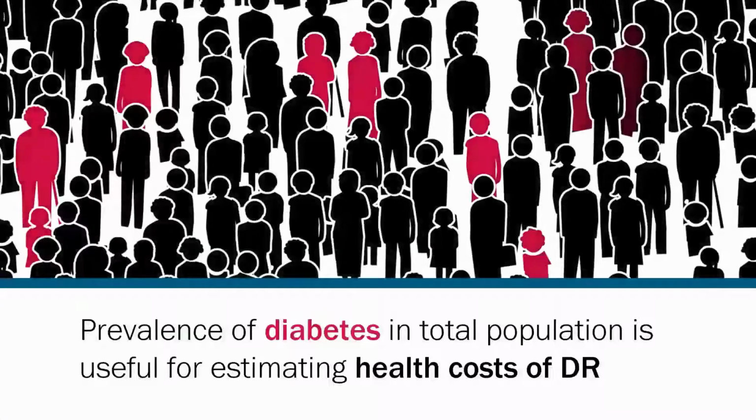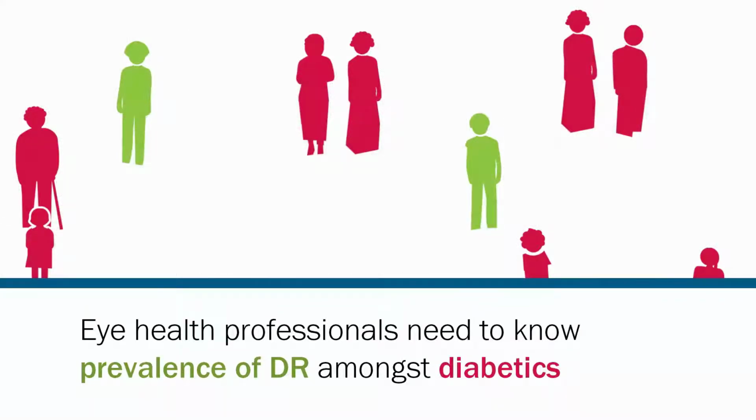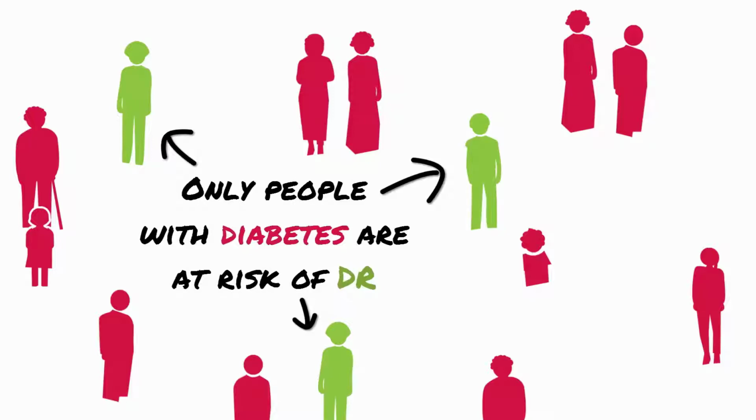Knowing the prevalence in the total population is useful for estimating the health costs of diabetic retinopathy. However, it is more important for eye health professionals to know the prevalence of diabetic retinopathy amongst people with diabetes. The reason for this is that it shows the actual size of the problem, as only people with diabetes are at risk of diabetic retinopathy in Equatorial Guinea.